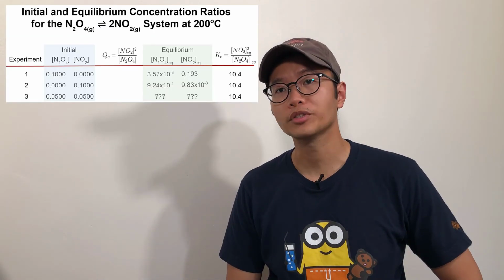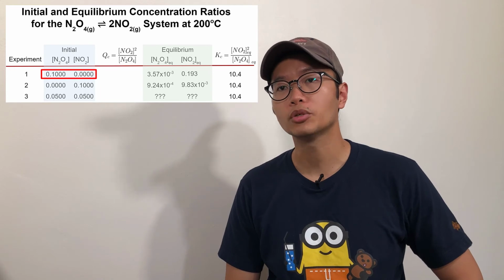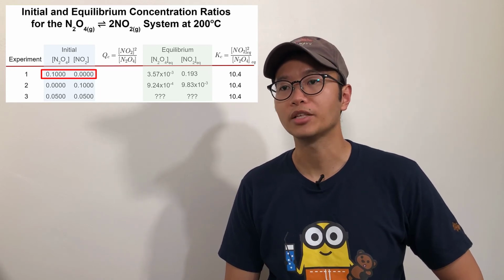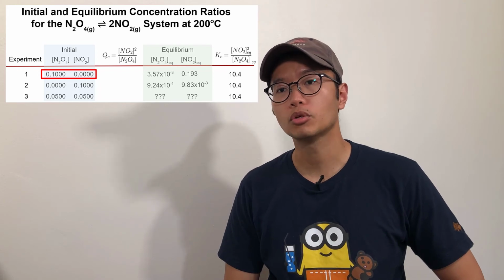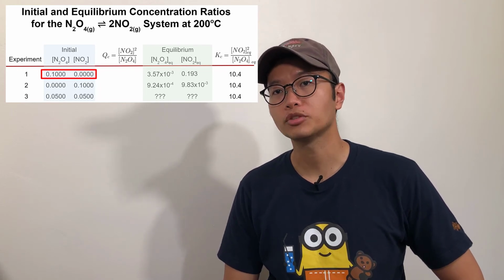Can you calculate the value of Q for the three experimental conditions? Not a problem. For the first experiment, the initial concentration of nitrogen dioxide is 0, and the initial concentration of dinitrogen tetroxide is 0.1.